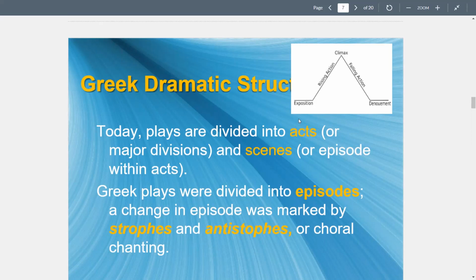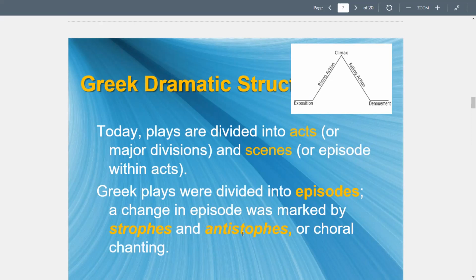But Greek plays were divided into episodes. So you would have the episode, as you'll see with Oedipus, of here's what's going on. Then you get a change in episode marked by strophes and antistrophes, which are choral chanting. During the episode, the main characters are talking to each other about what's going on.